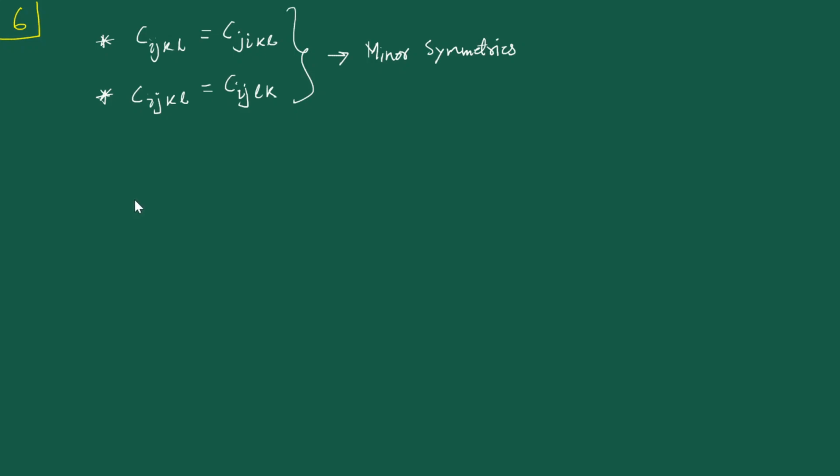Now what this minor symmetry also gives us as an added benefit, now that we have obtained these 36 different values, is that the way we can represent on a piece of paper or on the screen the relationship between the sigma tensor and the epsilon tensor can be considerably simplified, and that we'll see in the next part of the lecture.